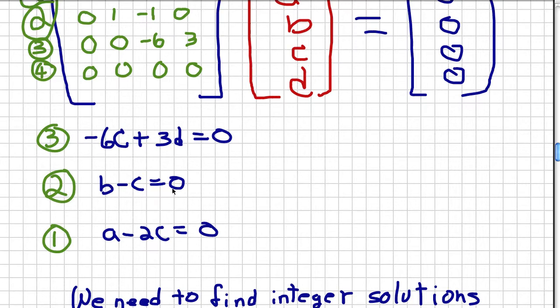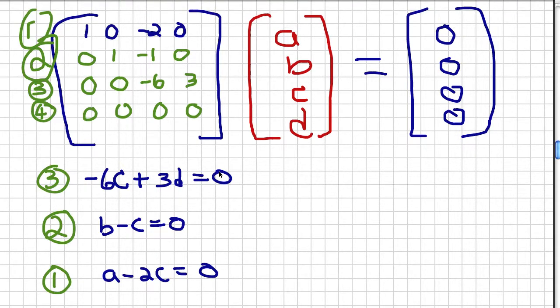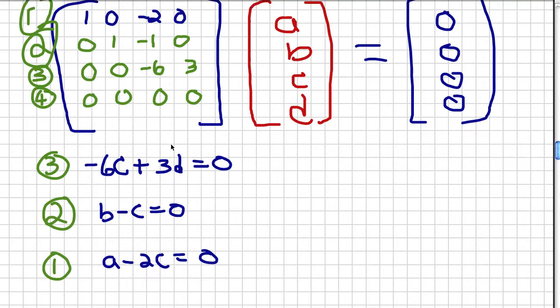And right here, I have 1 times A minus, right here, I have minus 6 times C plus 3 times D equals 0. These are the 3 equations that I get by looking at this matrix right here. So this matrix times this vector equaling 0 gives me these 3 equations.